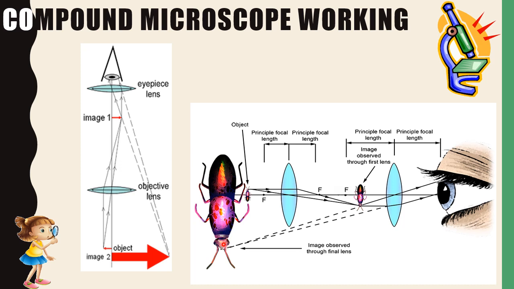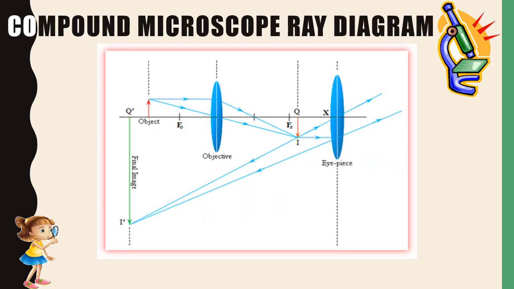How do we make use of a compound microscope to view the magnified images of microscopic objects? Children, on the previous slide, we had seen a small microscopic insect viewed through two convex lenses, and we got an enlarged image of that insect on the same side of the lenses.